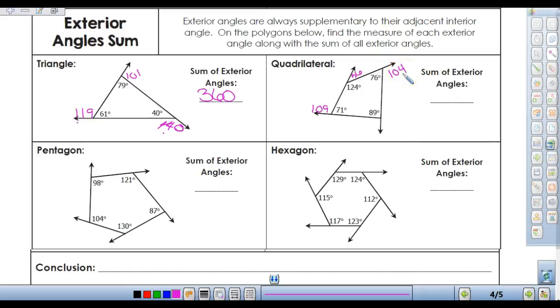If this is 89, this is 91. Add them up, we get 360. Good. So both the triangle and the quadrilateral, we've gotten 360.